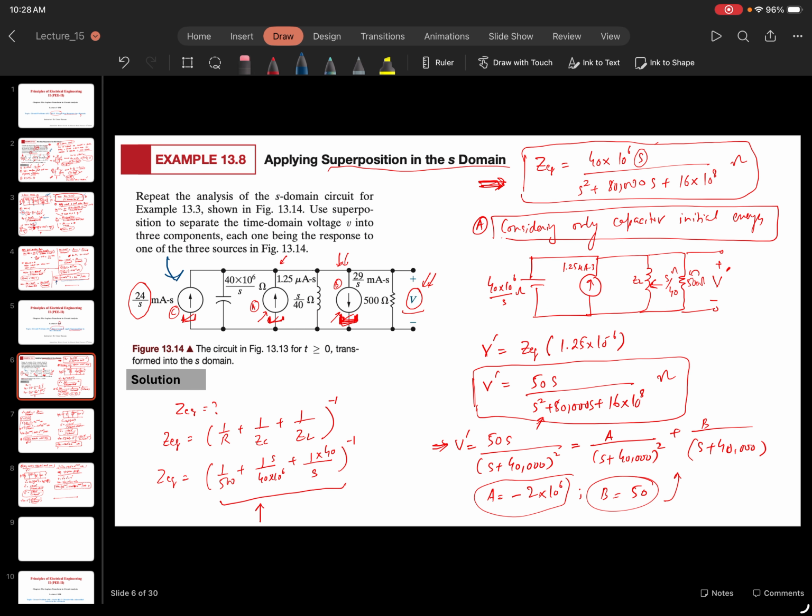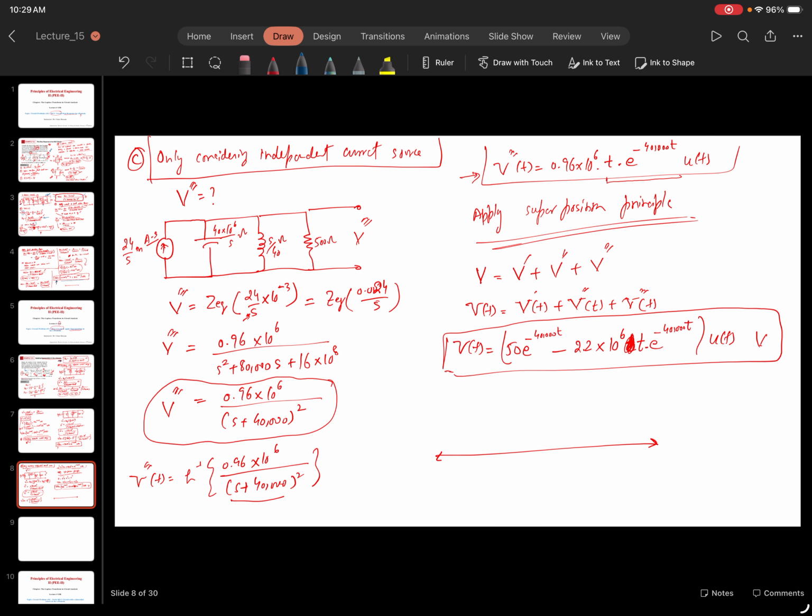But now in this problem, we wanted to see the application of the superposition principle in the S domain, and this is a very beautiful circuit to see this application, right? Because the resistance, the capacitive impedance and the inductive impedance remain exactly the same, so you can just use the same Z equivalent again and again in all three cases. And then you get to pick one current source at a time and evaluate this value V, and at the end of the day you add all three of them up to get this expression, which is exactly the same expression that we got when we solved the whole circuit.